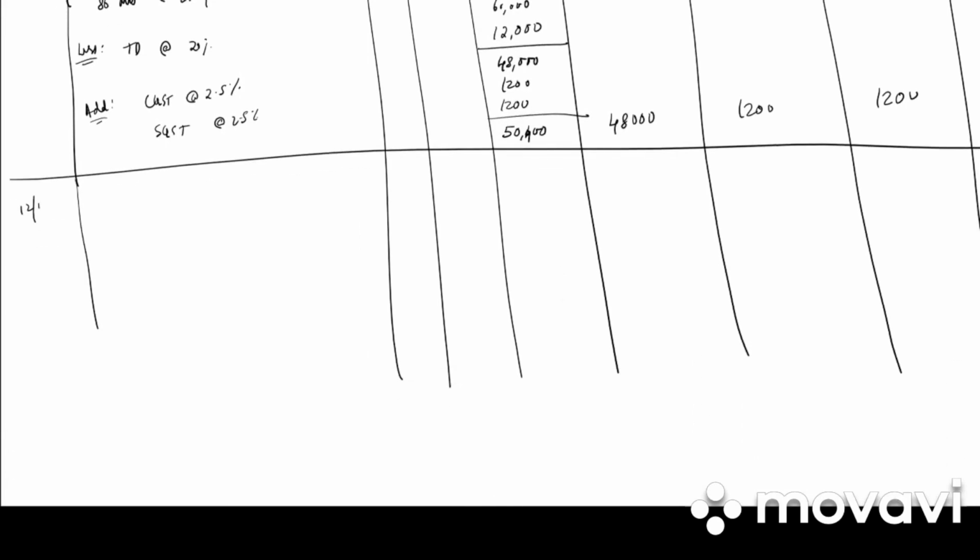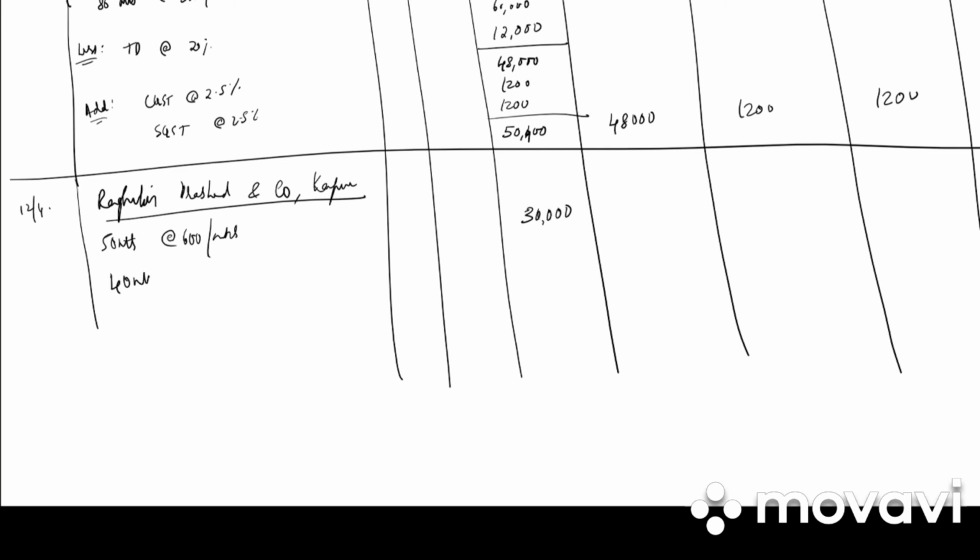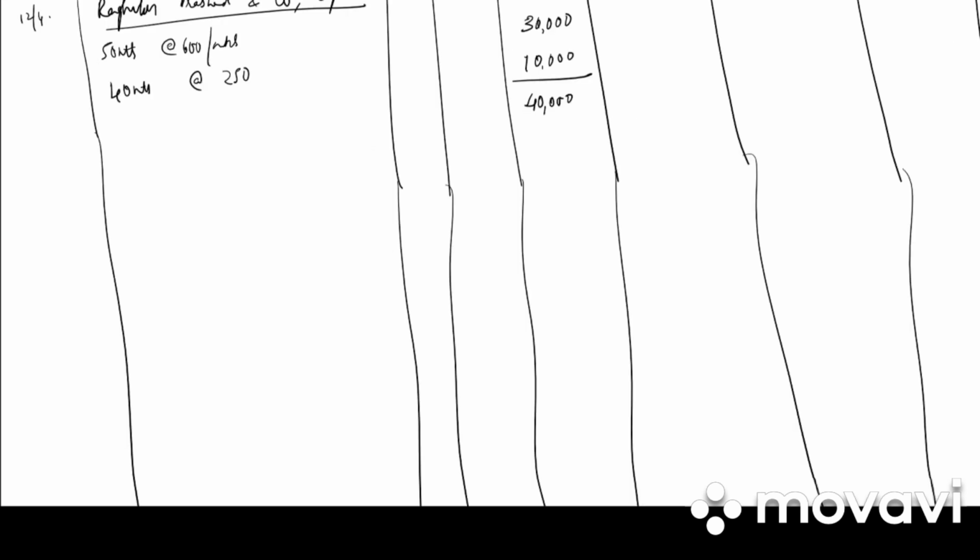Next, 12th April. Raghubir Prashad and Co., Kanpur, Uttar Pradesh. Under that we have 50 meters at 600 per meter. So 50 into 600, it is 30,000. Then we have 40 meter at 250. So 40 into 250 we get 10,000. Total is 40,000.